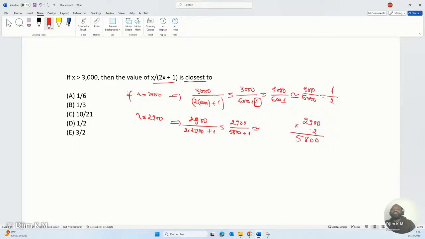So this is approximately equal to this, and this gives 1 over 2. So it seems like the answer is this. Answer D. Let's check the answer now.